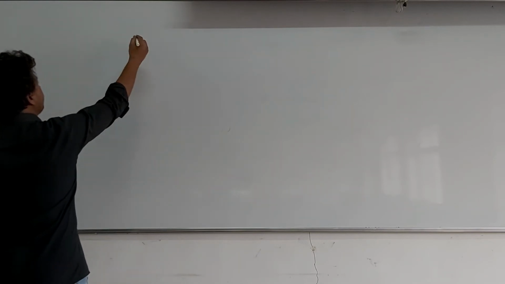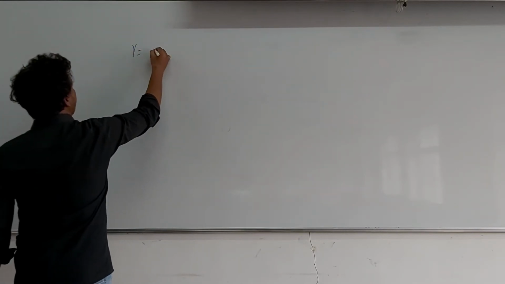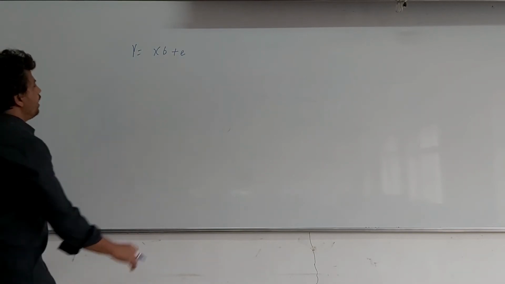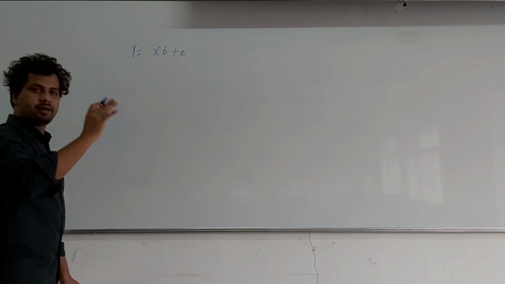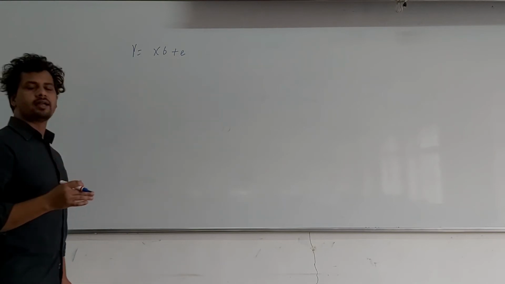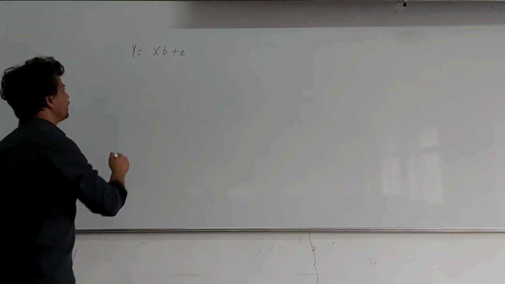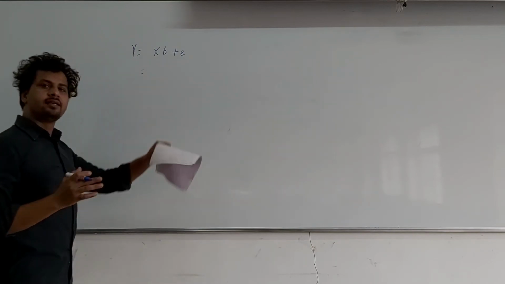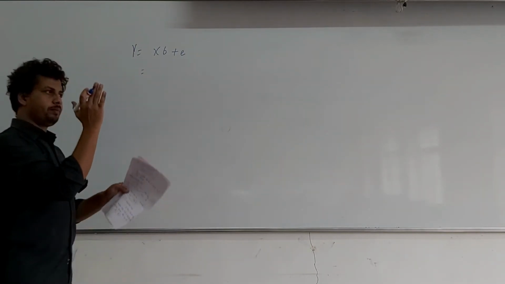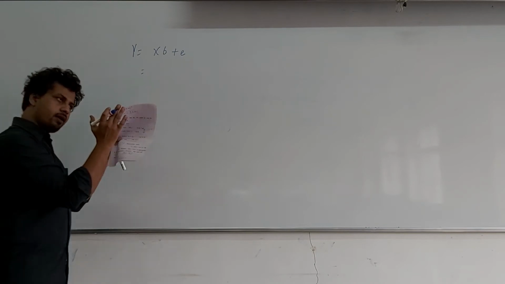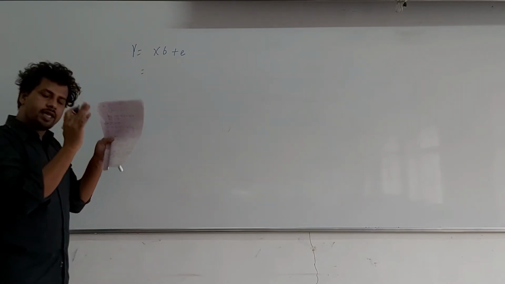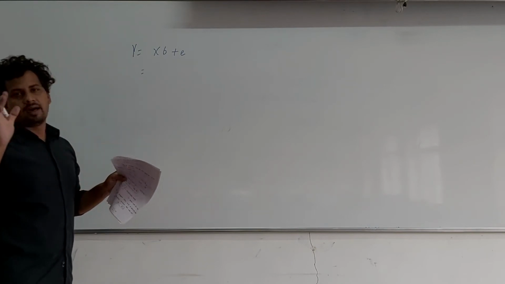Okay, so let us now write the sample regression line as y equals Xb plus e. Now what I do is I partition the data matrix into two parts. I partition the data matrix by taking the column consisting of ones on one side and all the values of observations on the explanatory variables in the other matrix.